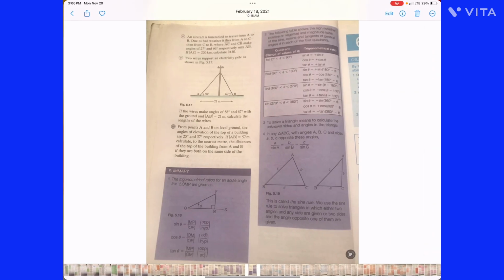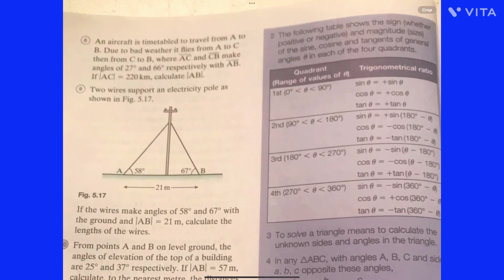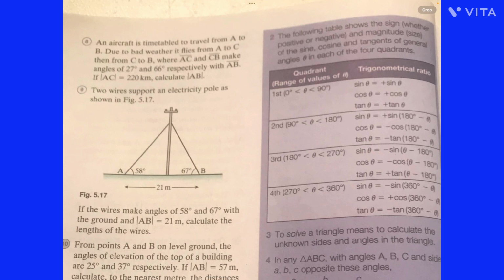Okay, let's continue. There's more information in the question: where AC and CB make angles 27 degrees and 66 degrees respectively with AB.